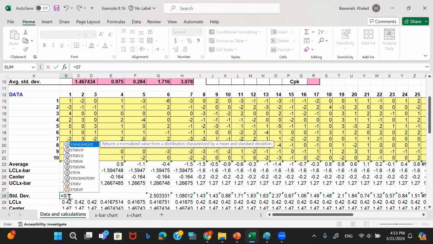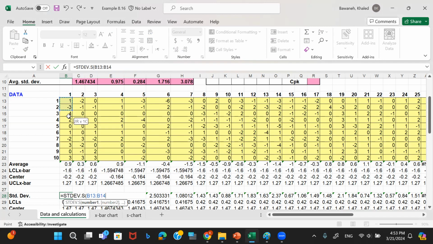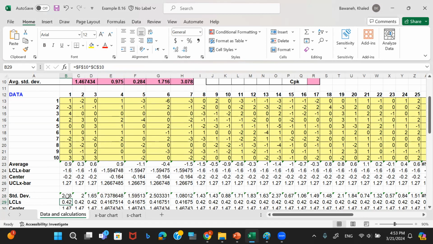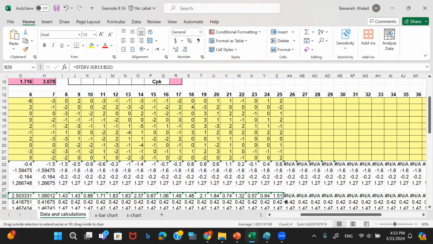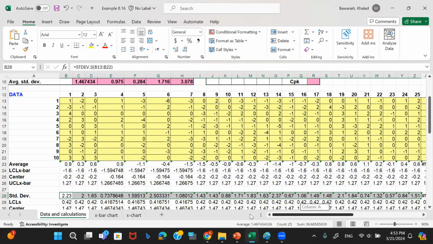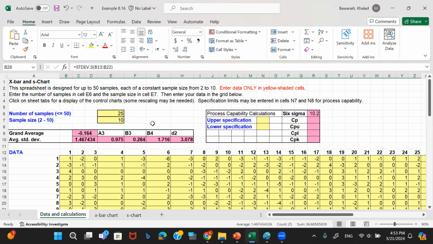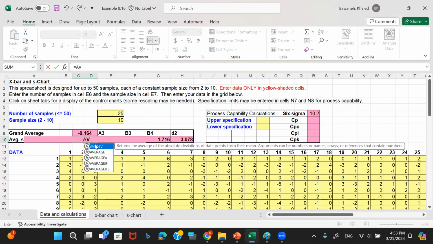I calculate the standard deviation for this sample, and then I scroll this down to the right for each sample. I have 25 samples. Then I calculate the average of the standard deviations.